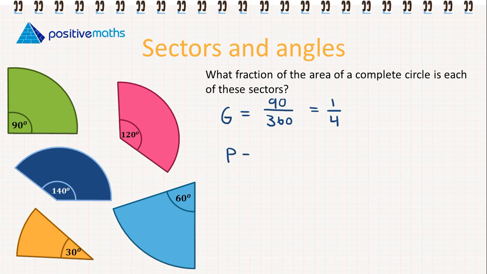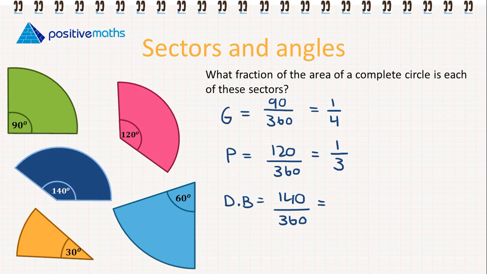Okay, if we look at the pink one, we have 120 divided by 360. This is equal to 1/3 of the circle. The dark blue is going to be 140 divided by 360. This is 7/18 of the circle.